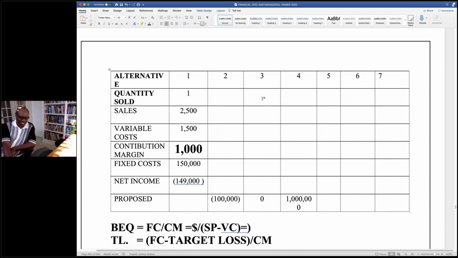I got 150. Shakana has 150. Why you put 150,000? Because I only got 150. Yeah, should be. So how we get 150? The fixed cost divided by the contribution margin. So we take the fixed cost, 150,000.